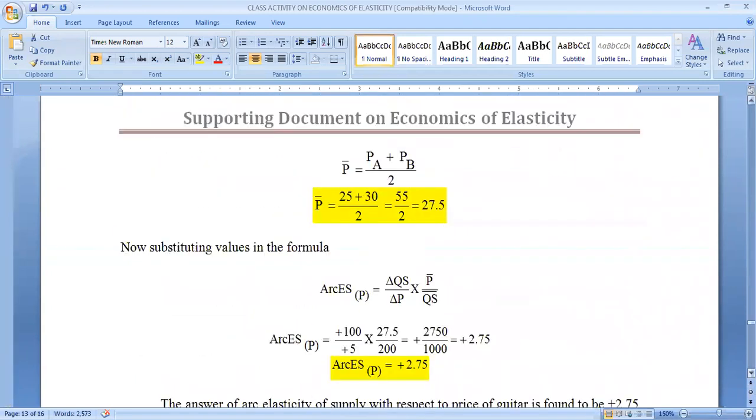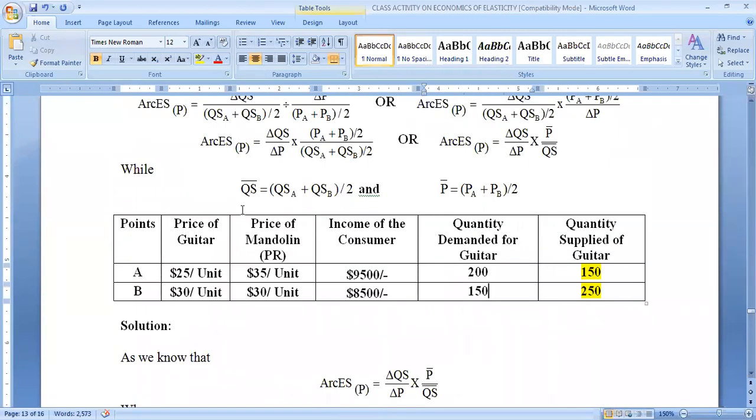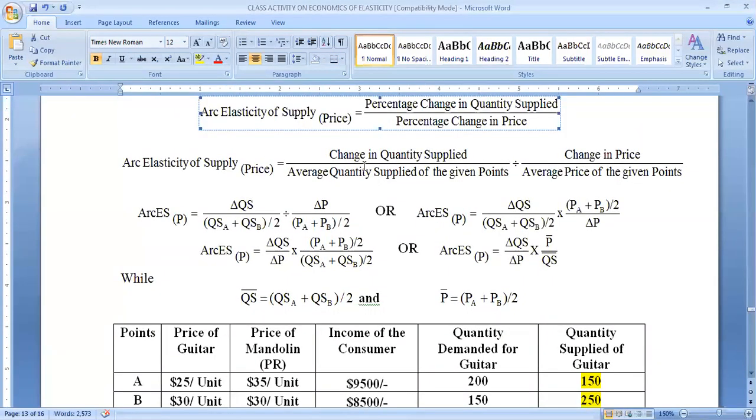In the next step, we have replaced change in quantity supplied with delta QS and average quantity supplied of the given points as QS at point A plus QS at point B, the sum divided by 2. Then the sign of division appears. In place of change in price, we have written delta P divided by price at point A plus price at point B, divided by 2.